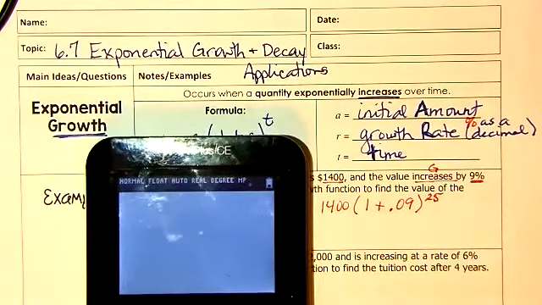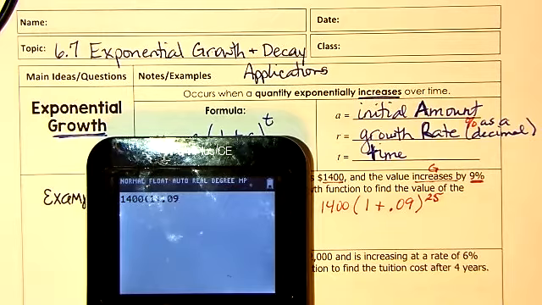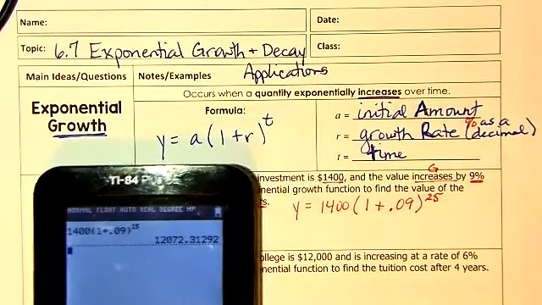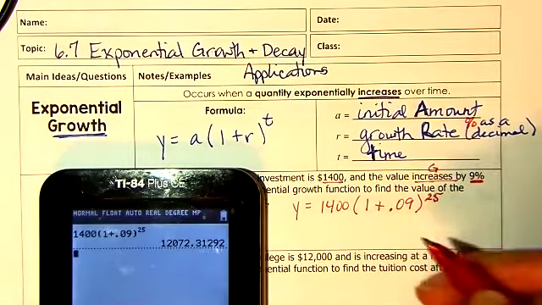And now I'm going to punch in all of this. Cover up that y equals. I'm punching all of this into the calculator exactly like it is. 1400, open parentheses, 1 plus 0.09, close parentheses. Now I want to raise this to the exponent, so I'm going to put the rooftop caret button, 25, enter. Now, I'm talking about money, so that means I have to round to the hundredths place.